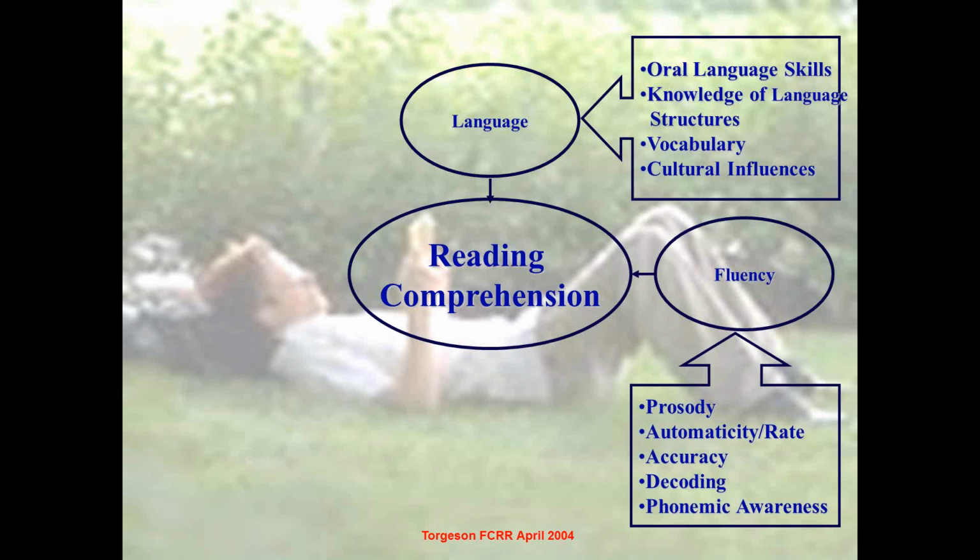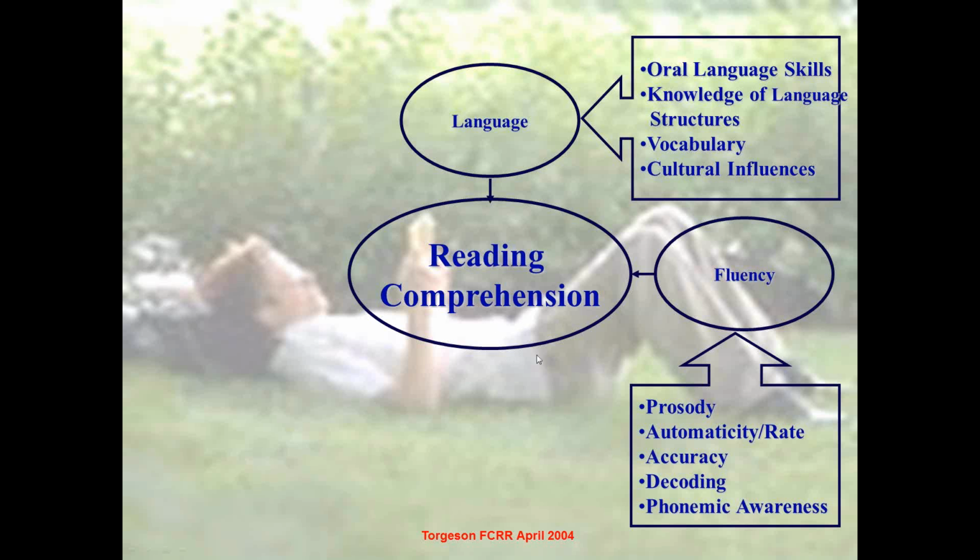When we think about students reading fluently enough to access comprehension, we think about fluency in a lot of different ways. We look about fluency not just at automaticity or their rate, but we also look at whether or not they're prosodic in their reading. And if you look up the definition of prosody, it means expression.